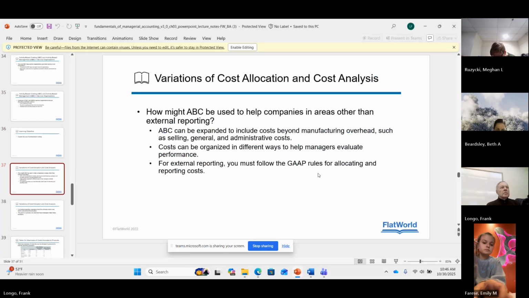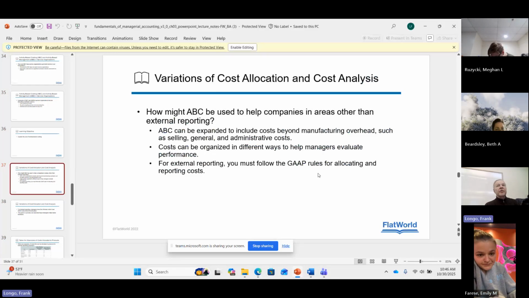So there are two reasons to allocate cost. Well, no, let me rephrase that. For financial accounting, which is not our main topic, we need to allocate cost because it's required by the accounting principles.